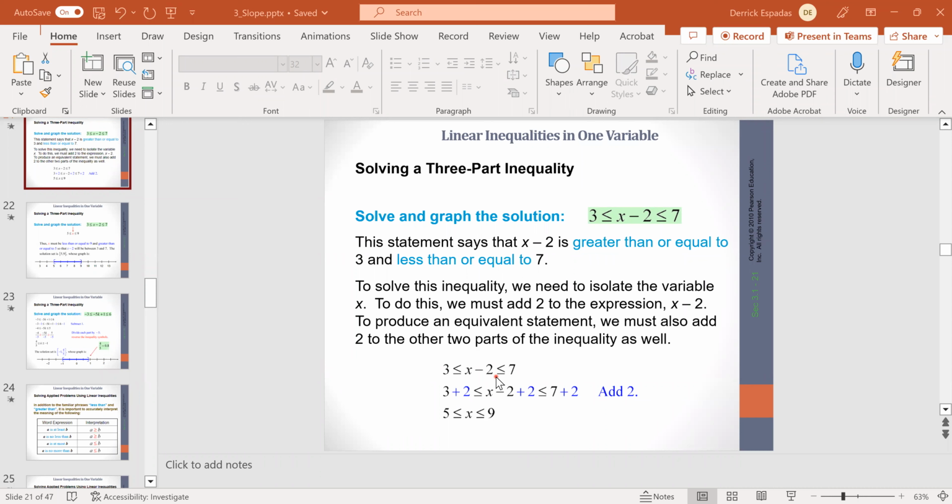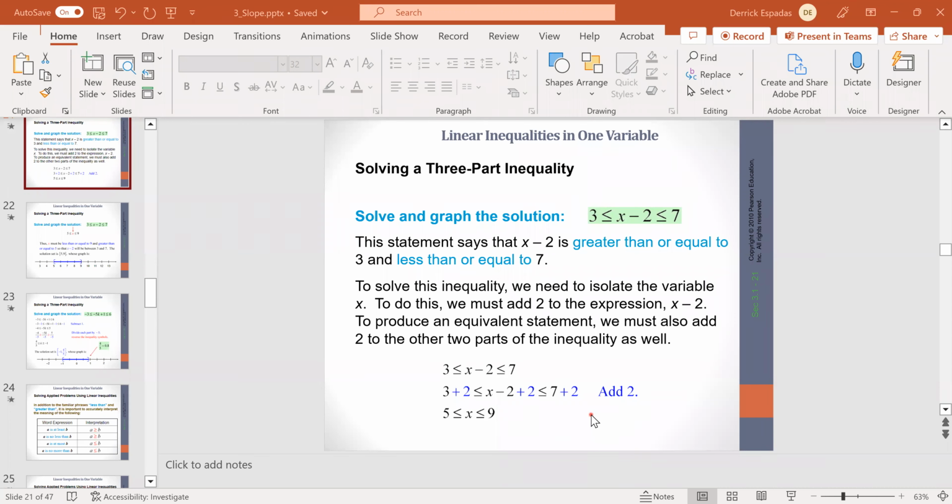So 3 becomes 3 plus 2, which is 5. Negative 2 plus 2 is 0, so it just leaves us with the x, which is exactly what we wanted. And 7 plus 2 is 9. So now we have the statement that 5 is less than or equal to x, which is less than or equal to 9.